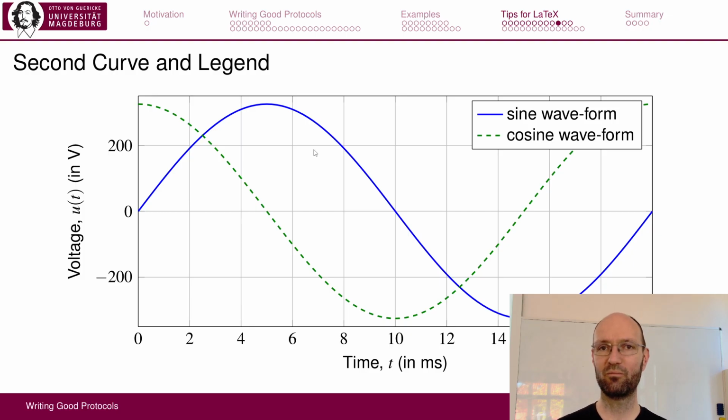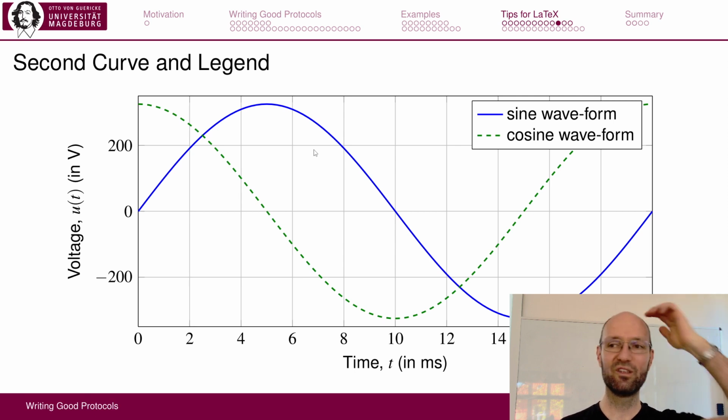We need to print it black and white. Usually you would need to go to your MATLAB or Python or Octave or wherever you have created your 30 figures, change the style from color to grayscale, resave them, and reinsert them in your document.